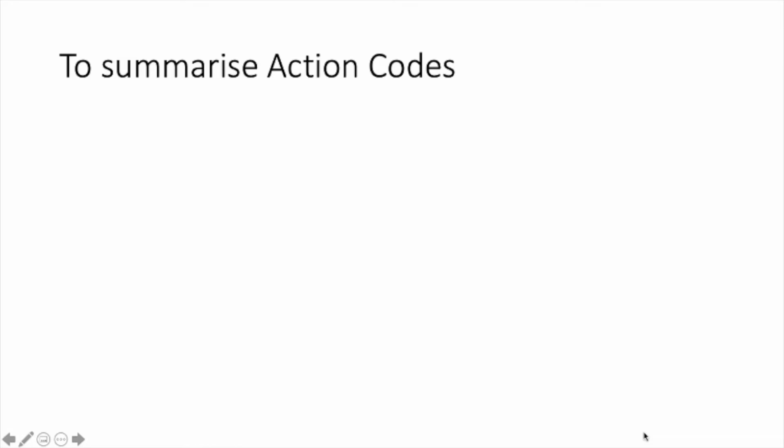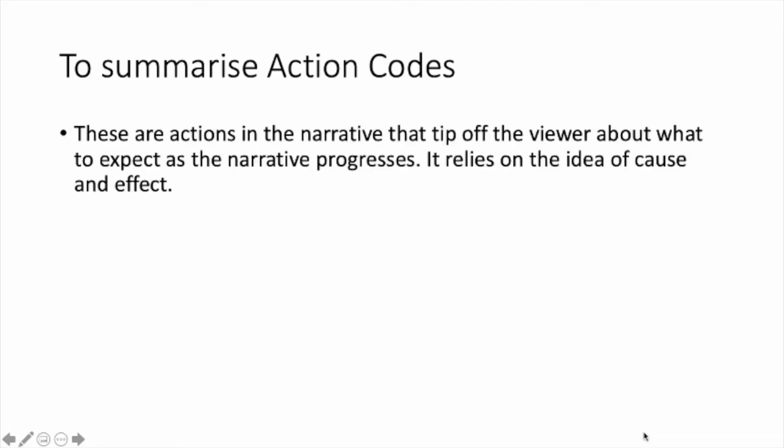To summarise action codes then, I think action codes are really simple, and you will easily be able to identify an action code within your superhero film. But just to summarise what action codes are and when they are used. Action codes are actions in the narrative that tip off the viewer about what to expect as the narrative progresses.